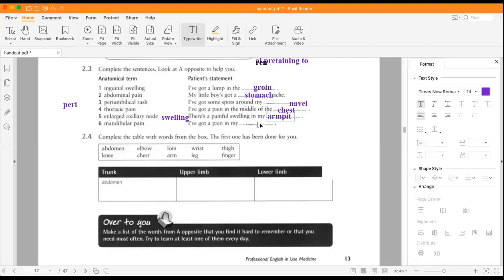Because as we have taken in the first page, the anatomical name for armpit is axilla. Mandibular pain. As we have taken, mandible means jaw. So, "I've got pain in my jaw."